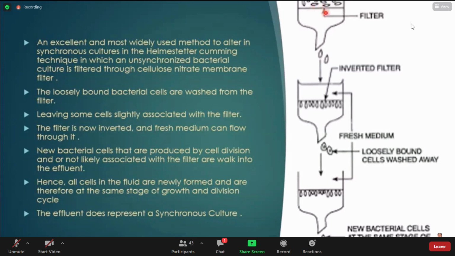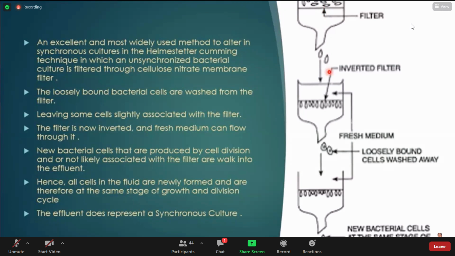It's like a sieve. The loosely bound bacterial cells are washed away from the filter, leaving some cells tightly associated with the filter. So some of the cells are trapped in between the pores of this cellulose nitrate filter, some are left behind and some are washed off.